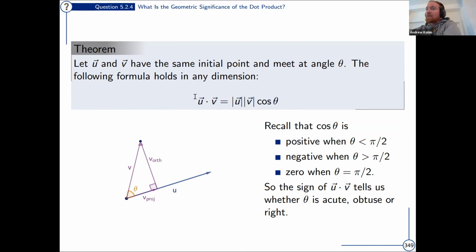So you can see that this formula captures all of the notions of parallel and orthogonal that we've already discussed, but it also tells us if the angle between two vectors is acute, obtuse, or parallel or right. So again, this theorem knows everything there is to know about the angle or the relative direction between two vectors.